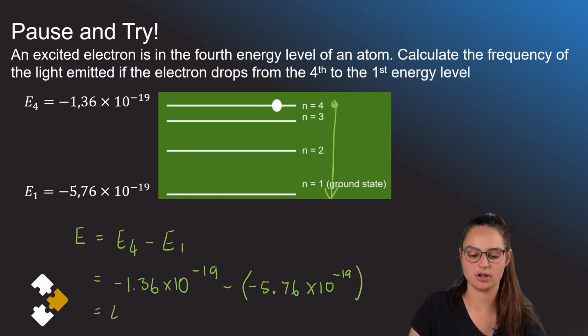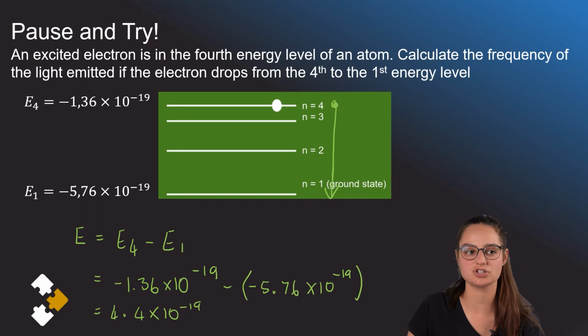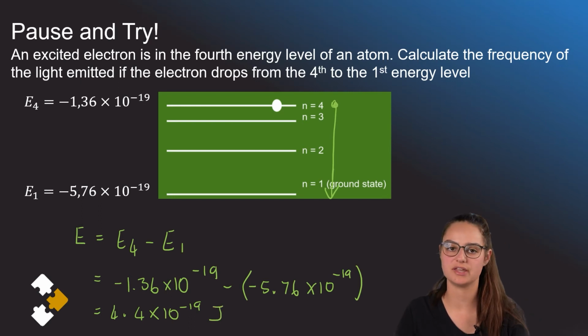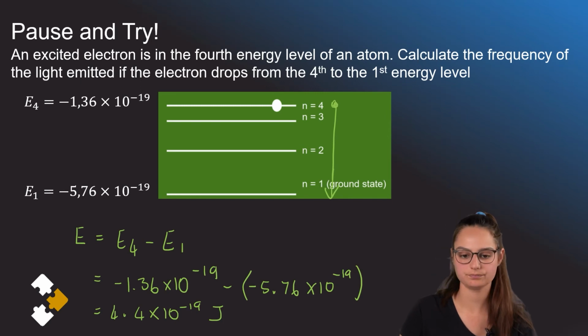And this will give us an answer of 4.4 times 10 to the negative 19, and because it's energy, it's measured in joules. Now, if you swap the E4 and the E1 around and you get a negative answer, don't worry about it, just switch the sign of your answer and use the positive version.